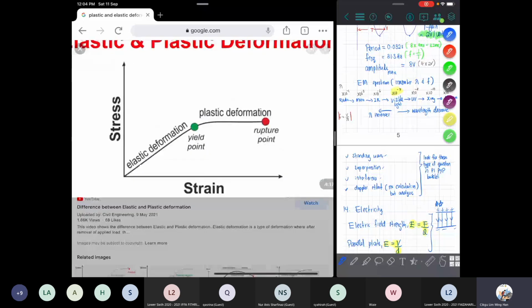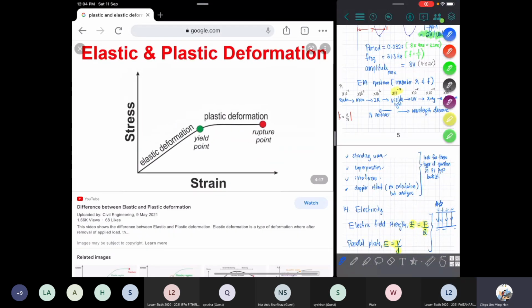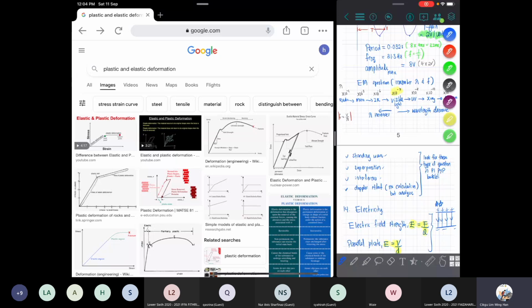Sebelum the green color thing. So kalau ia limpas the green color dot, the U point, then it will become plastic deformation. Meaning that ia nak lagi balik arah original length. So sebelum yang warna hijau tu, it should go back to the original place lah. This is plastic. So okay.